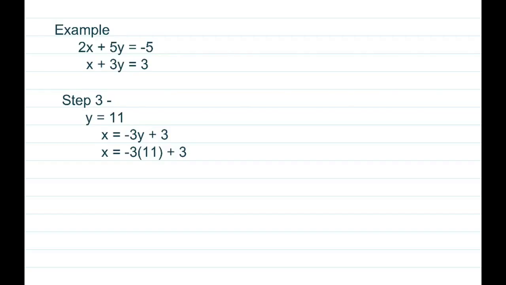You then need to distribute the negative 3 into the parentheses, which will give you negative 33. Then you need to combine the like terms, which gives you the answer of x equals negative 30. So your solution would be negative 30, 11.